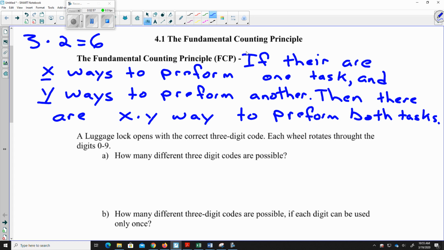Okay? So we'll go through some examples here. Don't forget to hit pause if you have any questions. Need to look something up, go for it. This is all on page like 230 to 236 in the textbook, okay?